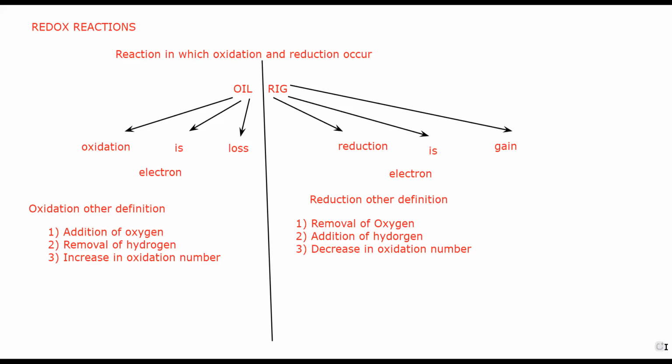Now, an example of oxidation and reduction in terms of oxygen. We have zinc oxide reacted with carbon monoxide. It changes into zinc and carbon dioxide. The question is to identify in which reagent oxidation happens and in which reduction happens.